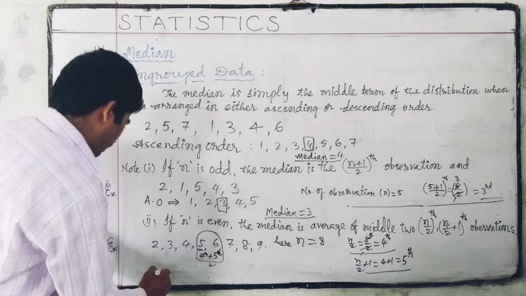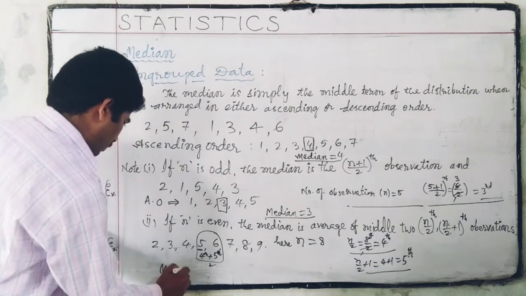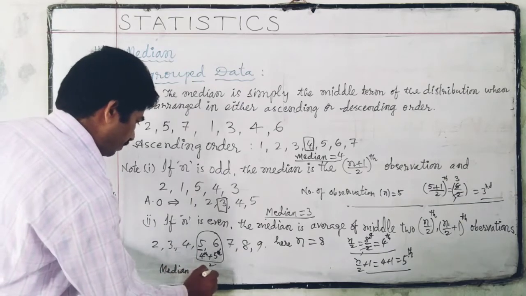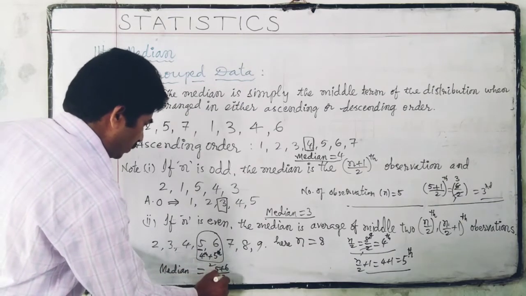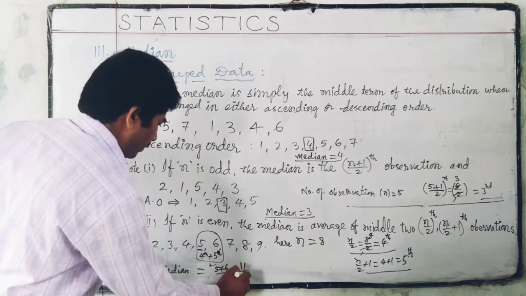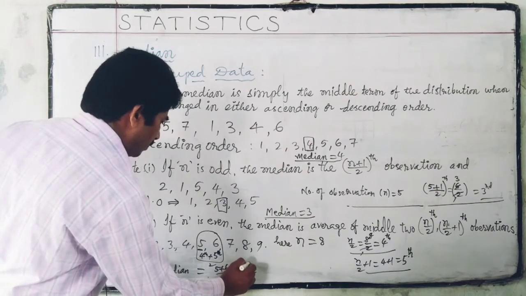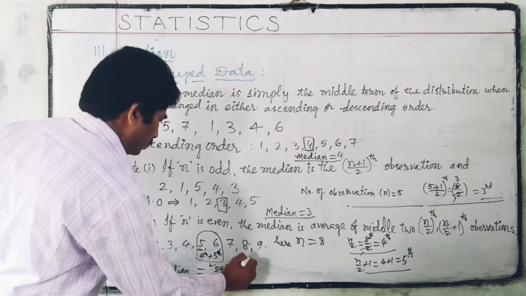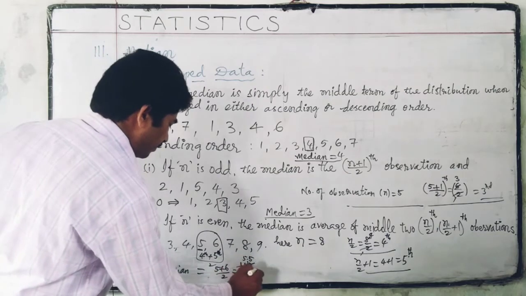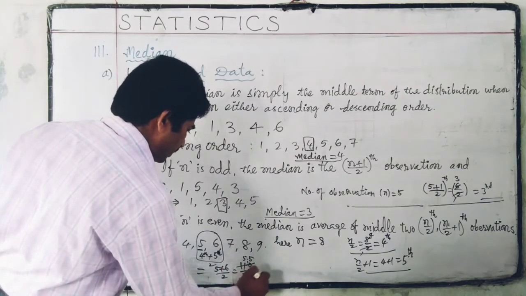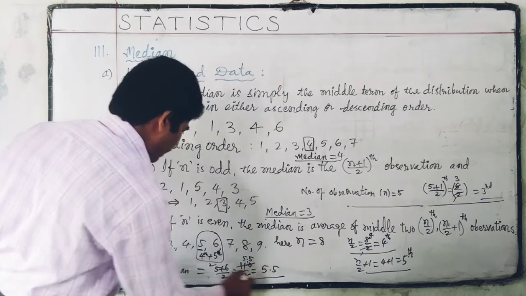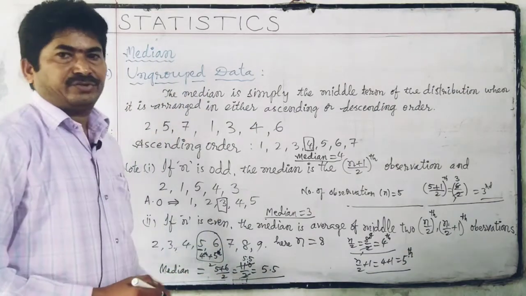So median is equal to 5 plus 6 by 2, 11 by 2, 2 fives are 10, so 5.5 is the median of these observations.